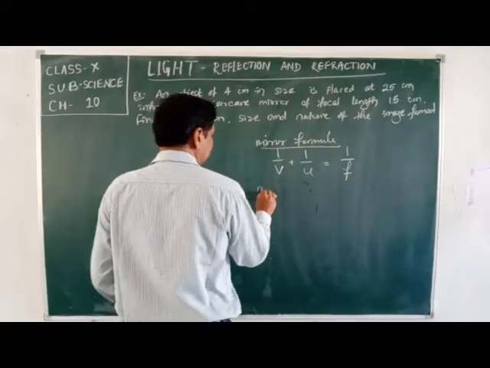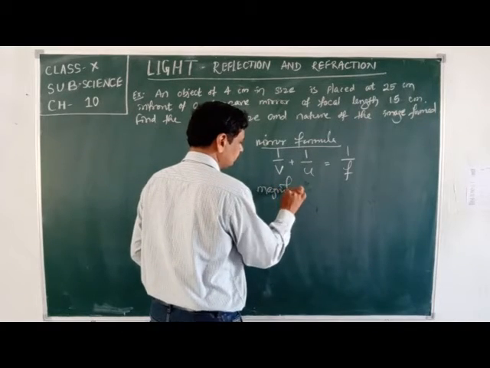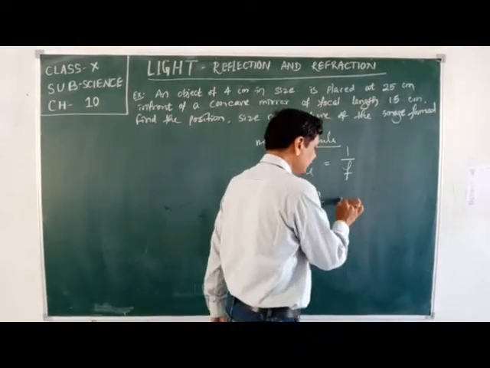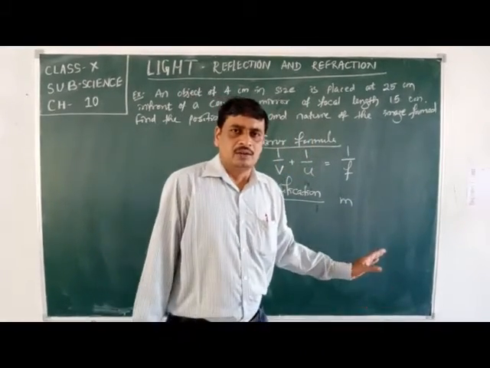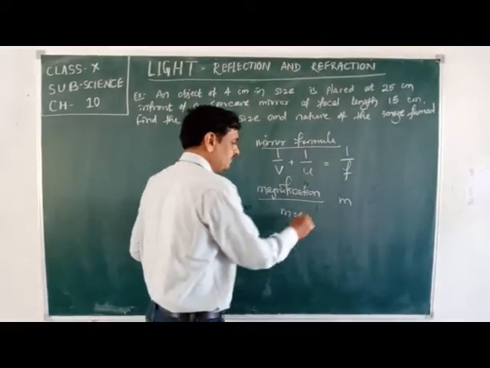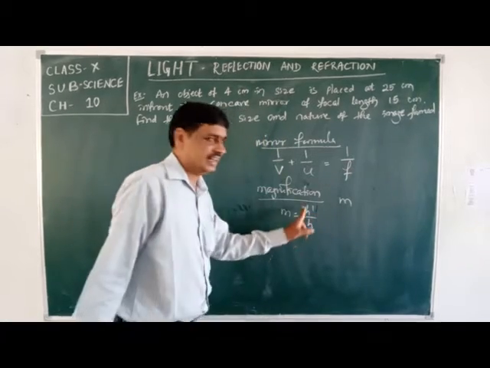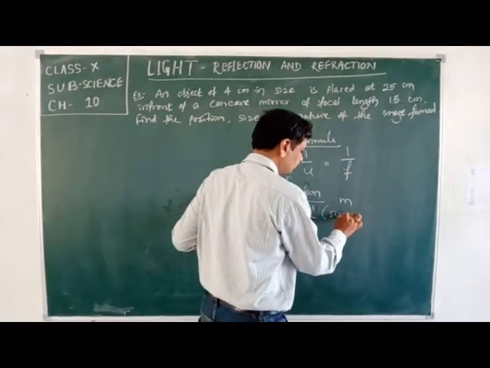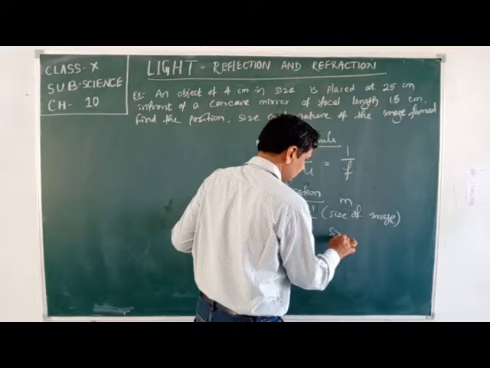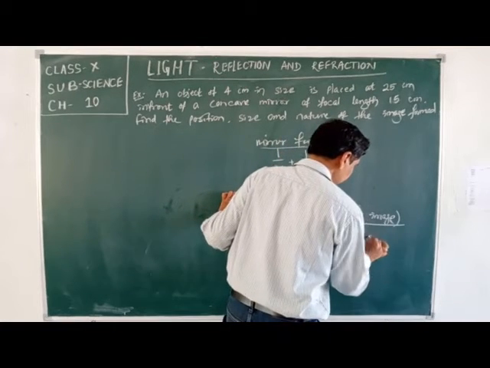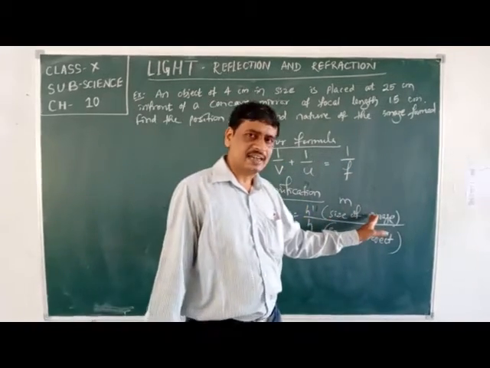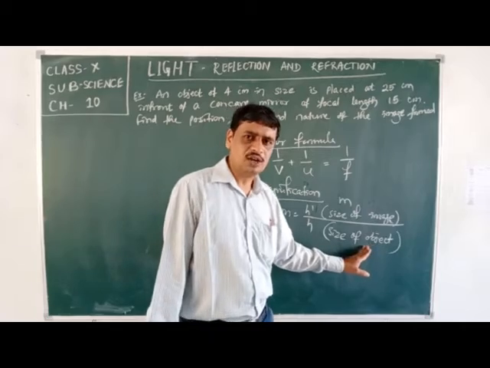And another formula, that is magnification. Magnification is denoted as small m. This magnification can be calculated as h dash by h. h dash is the size of image and h is the size of object.